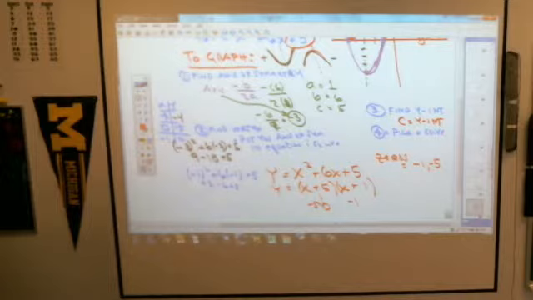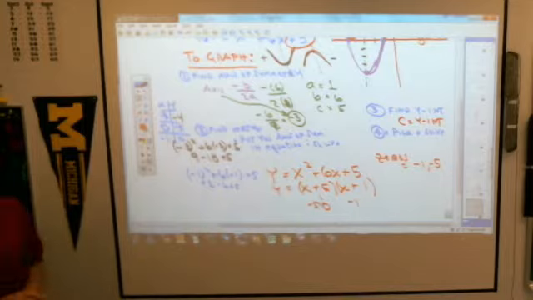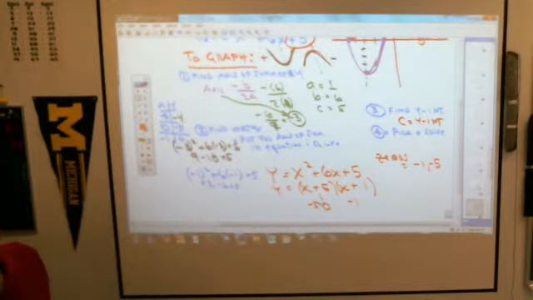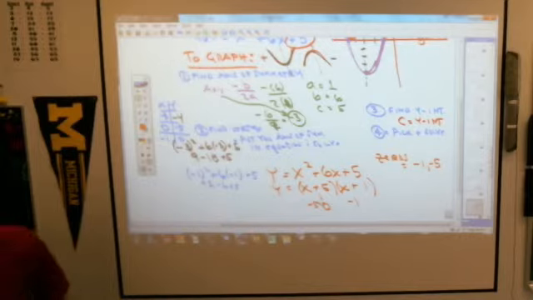Yeah, exactly. Let me give you one to try. I need a nice equation here, people. I hate it when they don't give me something easy. I'll just make one up. Let's find the graph of x squared plus x minus 6.